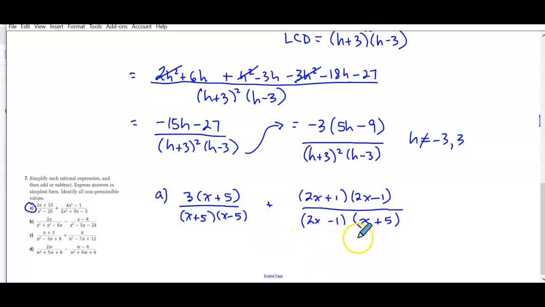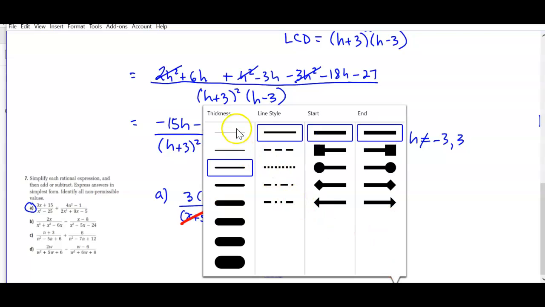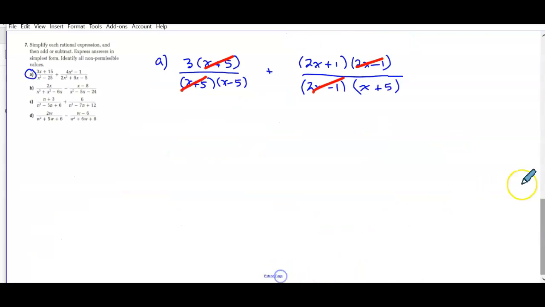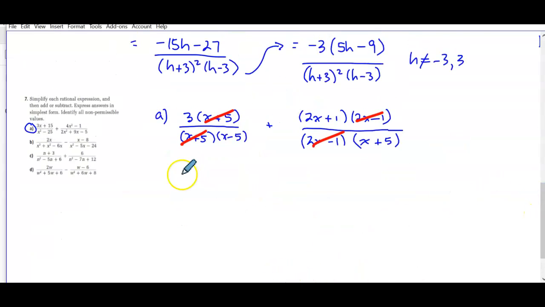Now, we could find our common denominator right now, but always check within a fraction to see if you can simplify, because you'll notice there, common factors there and there. Okay, so it's going to be much simpler than if you found a common denominator with unsimplified rational expressions.